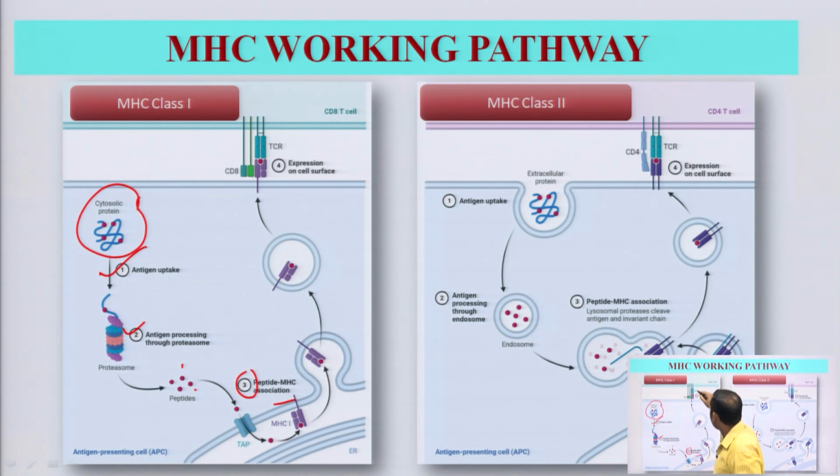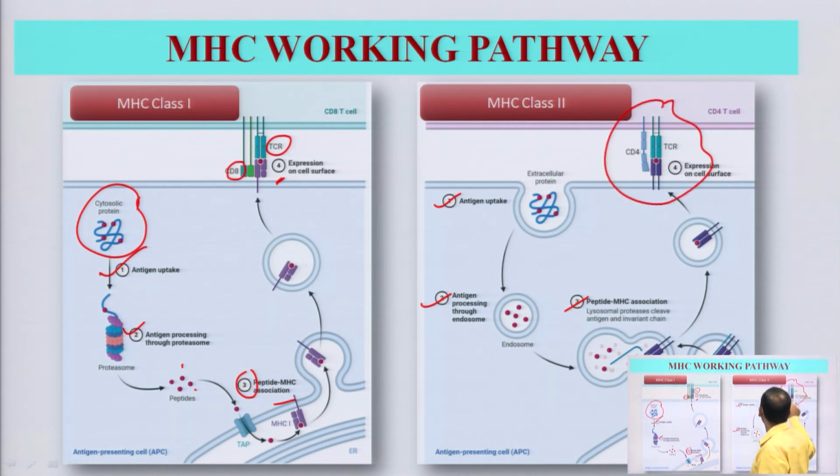At that area you can see our T cell receptor, this is CD8, and here the expression on the cell surface. On the other hand, if an extracellular protein comes in, it is taken up, processed, chopped, and then you can see again one bond formed like this, but here is a double bond, that is the difference.